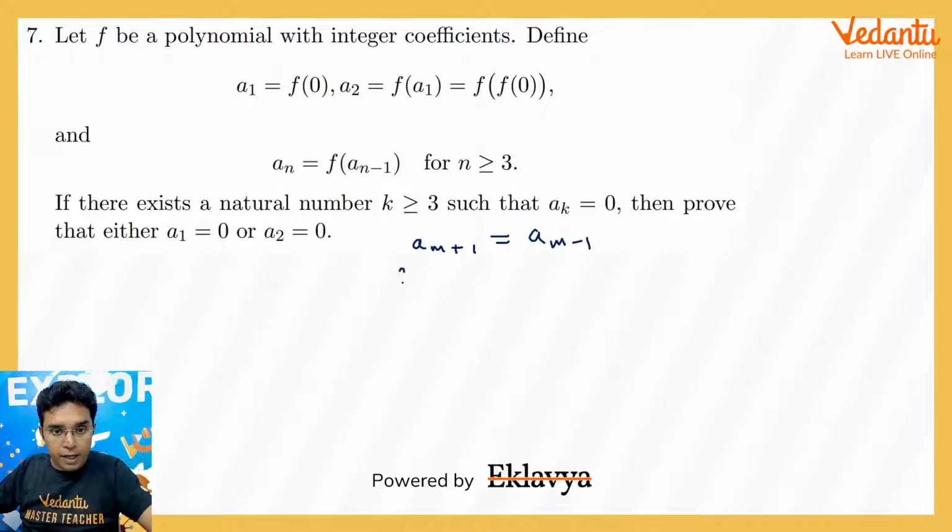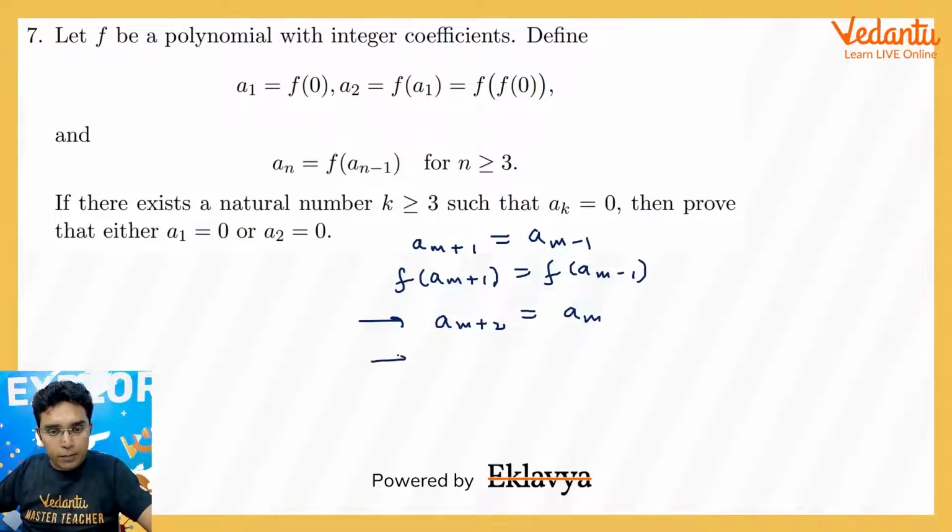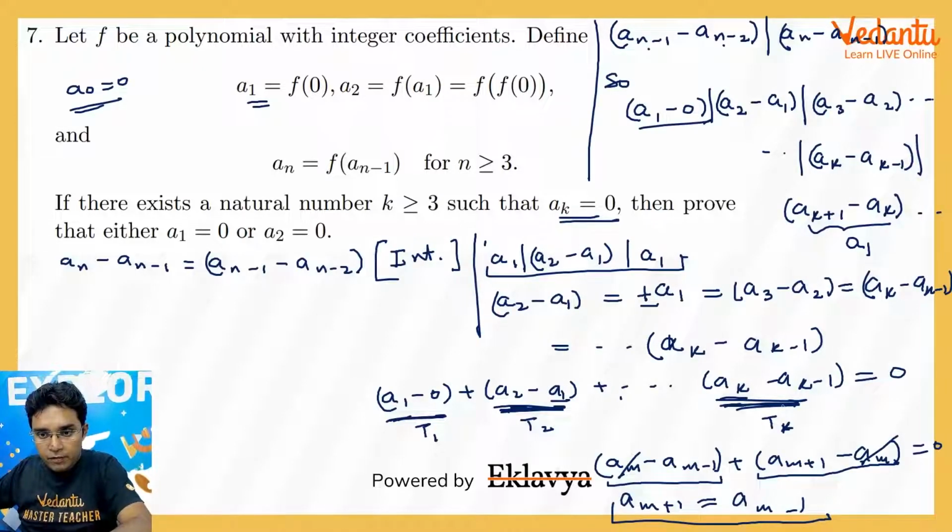Now, if I take the value of this polynomial over these numbers, so this will be like this. So here we will get am plus 2 is equal to am. Now, if I keep on doing this way, I think this am was in between here.